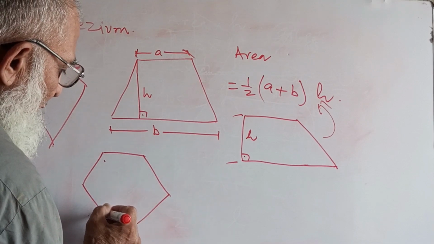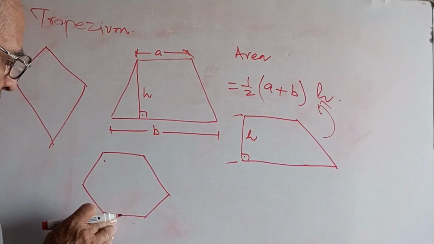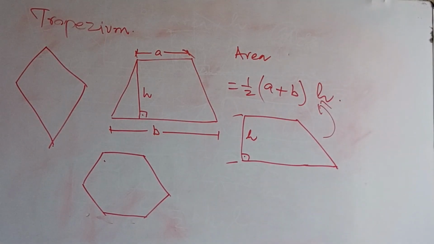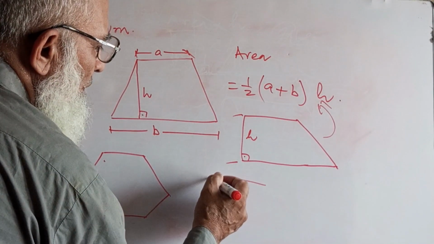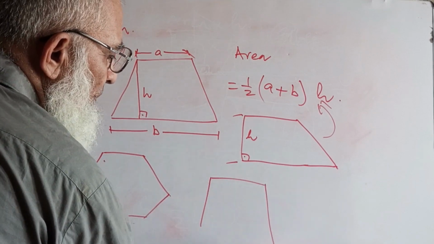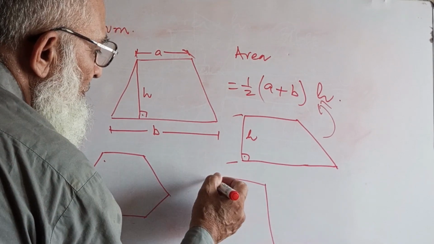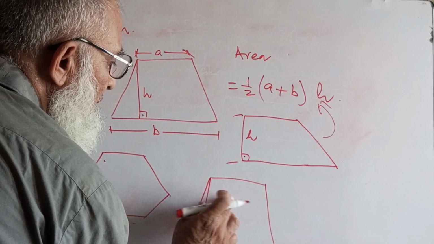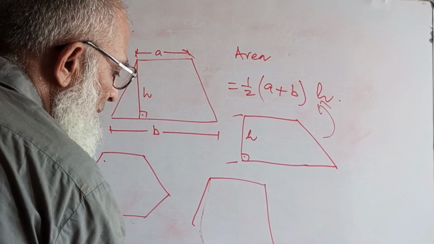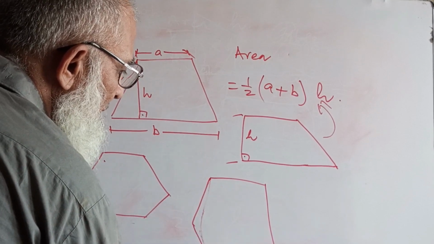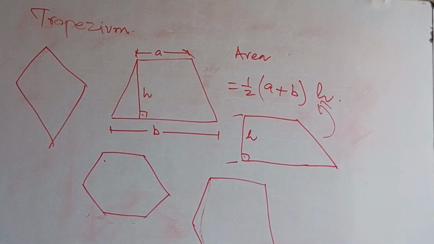Now these have some different types of formulae. And there may also be an irregular pentagon, maybe like this. Now this is an irregular pentagon, this is a hexagon, this is a kite.